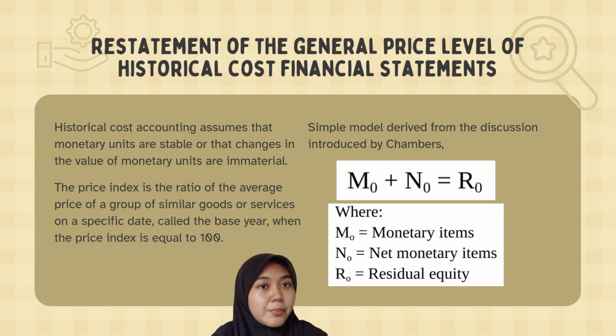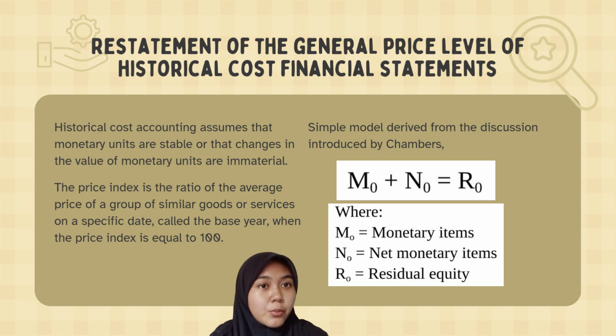That date is called the base year, when the price index is equal to 100. To introduce the steps to be taken in the preparation of a general price level report, we will use a simple model derived from the discussion introduced by Chambers.